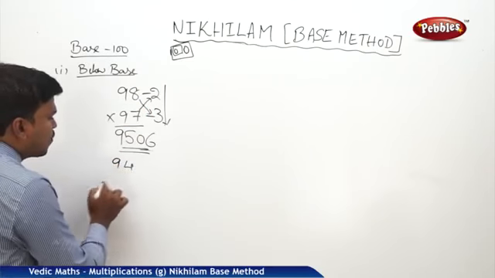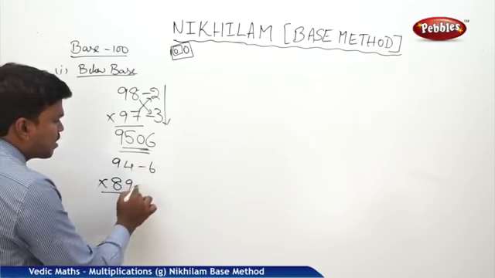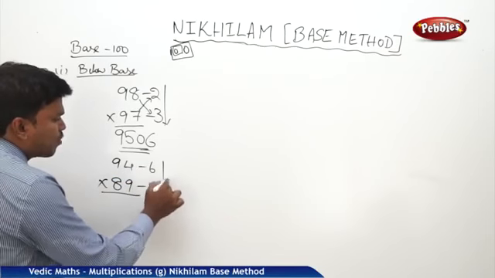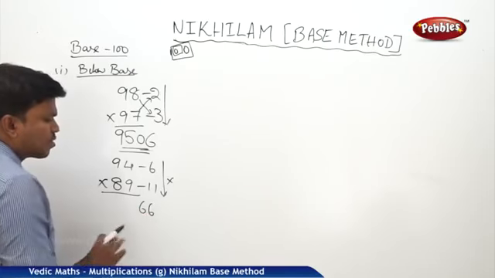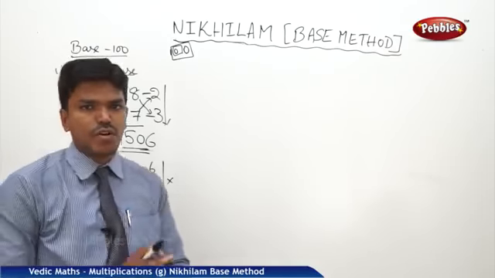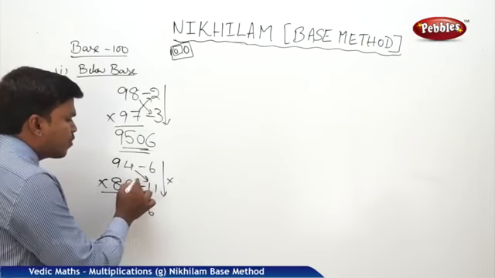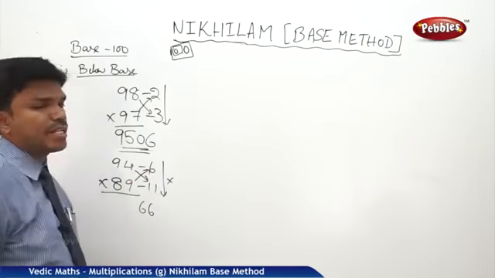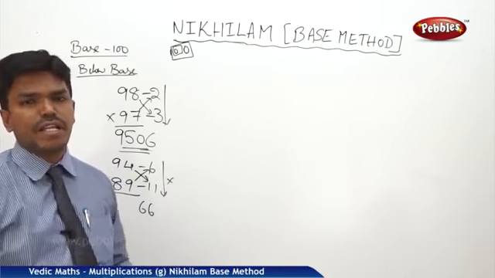Let us take 94 into 89. So here it is minus 6, here it is minus 11. First you need to multiply, minus into minus plus, 6 11s are 66. So the right side part of the answer is going to consist of only 2 digits. There is no problem with this one. Now 94 minus 11 or 89 minus 6. Cross subtraction. Why? Because there is a minus symbol. Why?